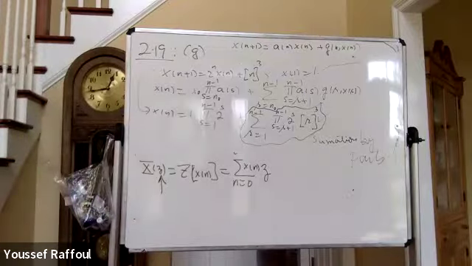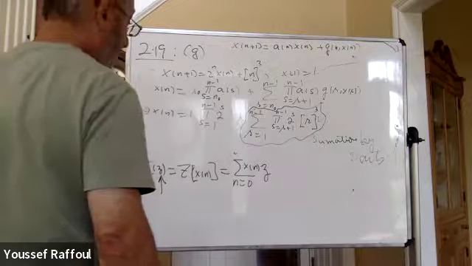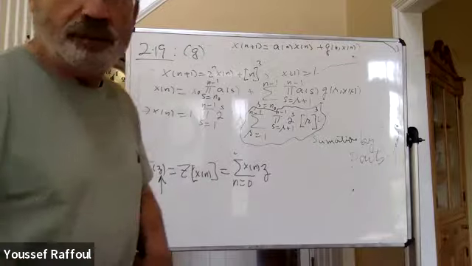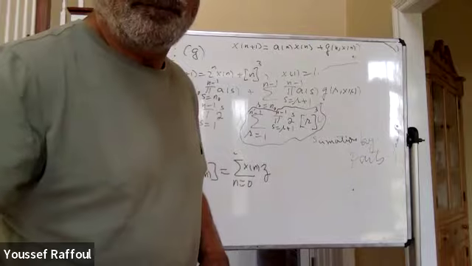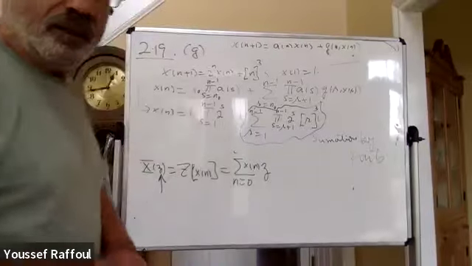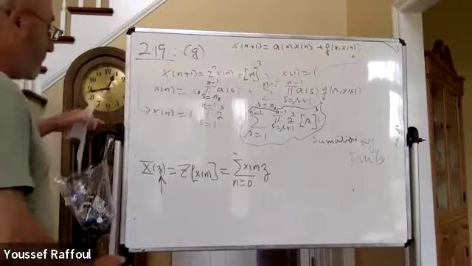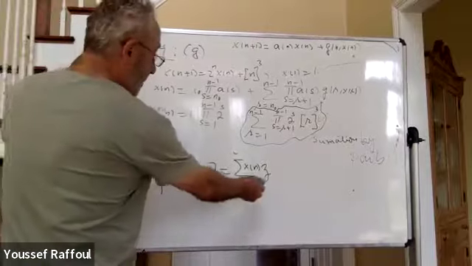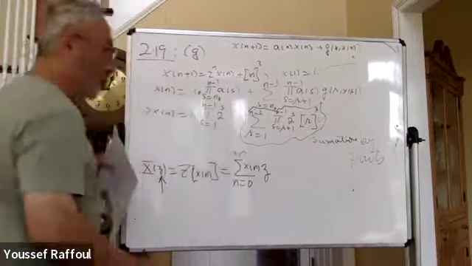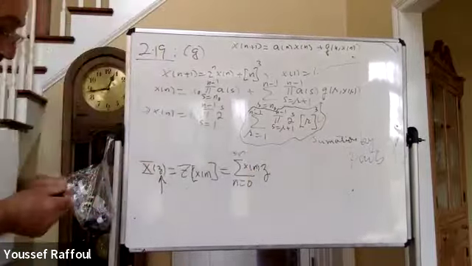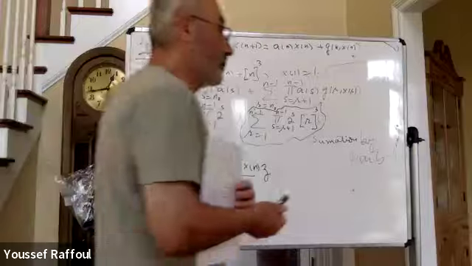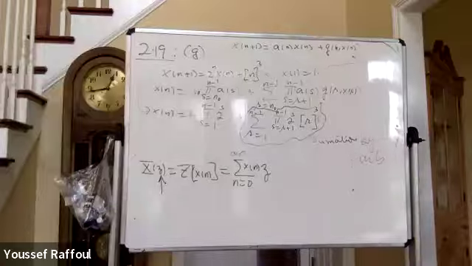Okay. All right. So we're going to go back to the Z transform. The Z transform for a sequence x_n is this equation here, this formula.